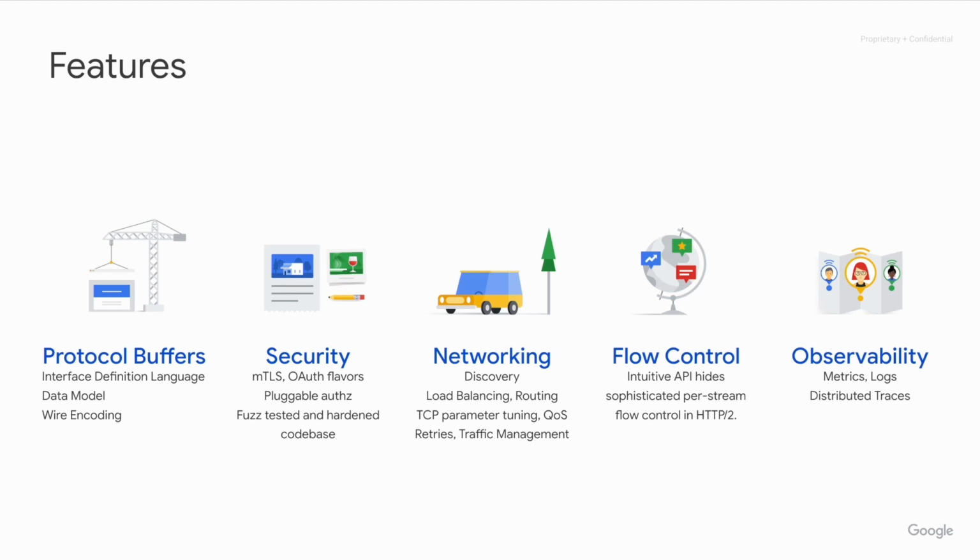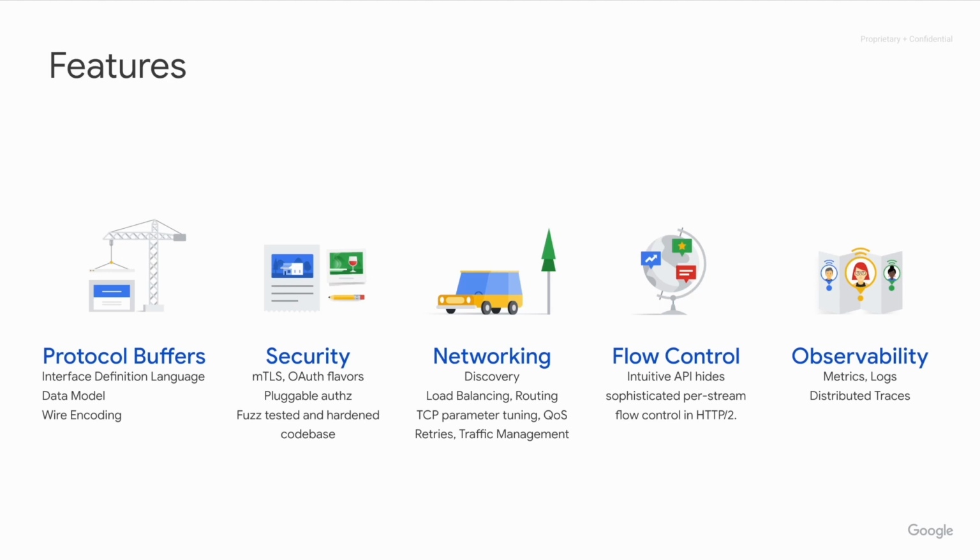And through the course of the day today, we'll hear from speakers talking about security. We've also been fuzz testing the gRPC implementations. And again, we are thankful for any vulnerability disclosures we get. We have tried to keep a very good response time for any disclosures that we receive.